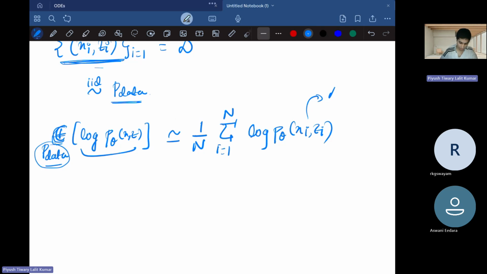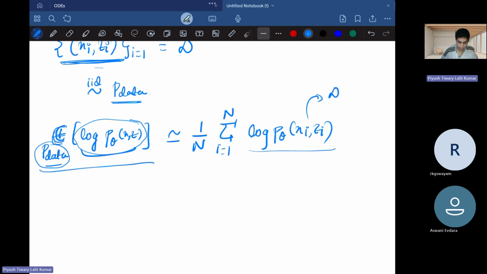What I have done here is that you had an expectation of this thing, and you cannot calculate the expectation. In machine learning, it will be very rare that you will be able to calculate any expectation explicitly. You will always approximate that expectation using the law of large numbers. So all you need to do is look at two things. Can I calculate the term inside the expectation?